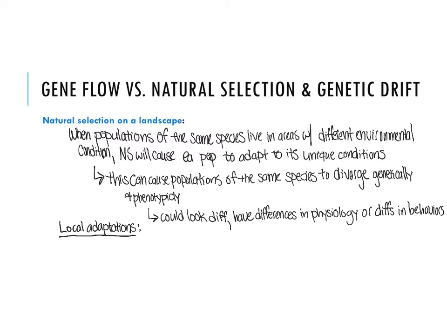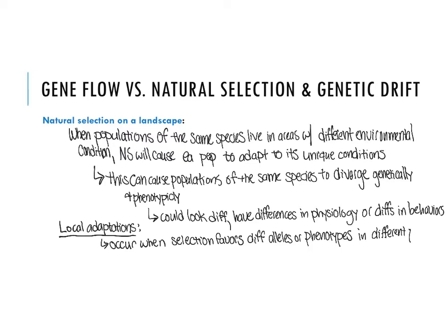And local adaptations occur when selection favors different alleles or phenotypes for many genes with small effects in different places. Okay?